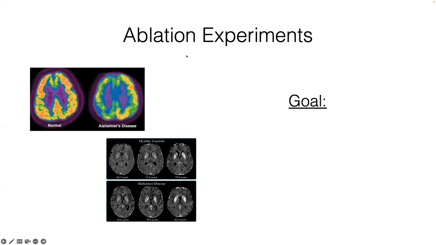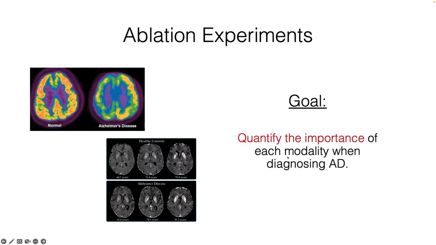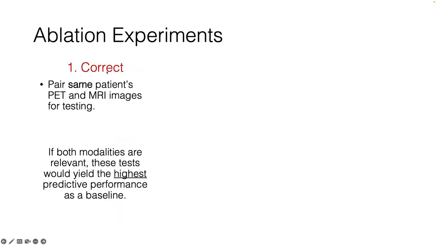To do so, the paper performed some ablation experiments. For each experiment, we use MRI and PET data from the same patient in the beginning. And during inference, we conduct 3 experiments. The first of these experiments focuses on correct data and correct data pairings.